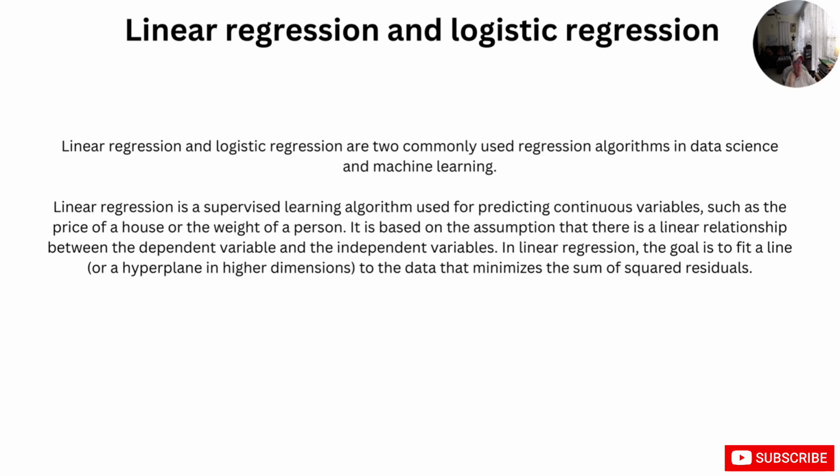It is based on the assumption that there is a linear relationship between the dependent variable and the independent variables. In linear regression, the goal is to fit a line, or a hyperplane in higher dimensions, to the data that minimizes the sum of squared residuals.